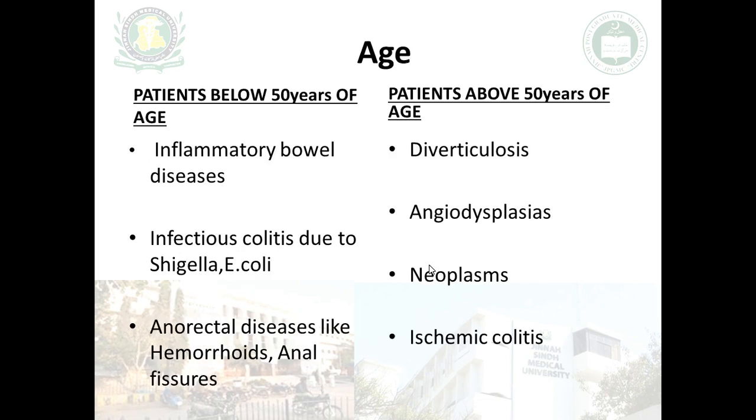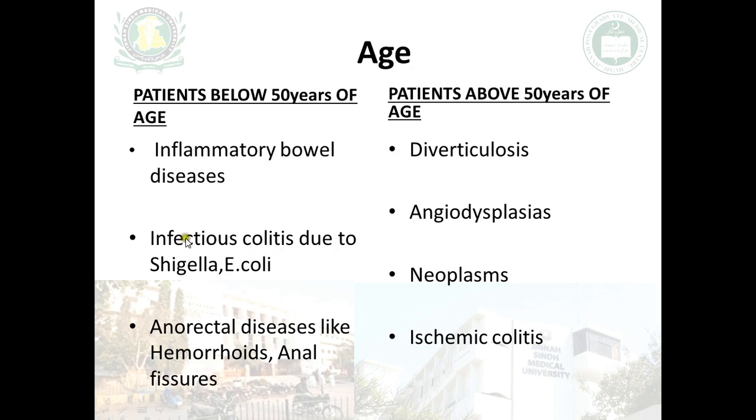So when you are taking the history, consider a person who comes to you below the age of 50 years. What are the causes? You can see here: inflammatory bowel disease, and infectious colitis, like a patient who presents with a fever and acute blood in stool.